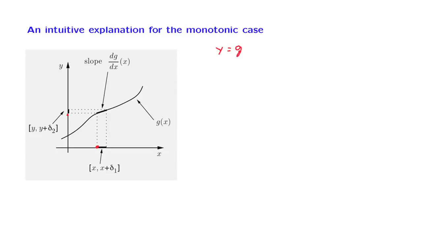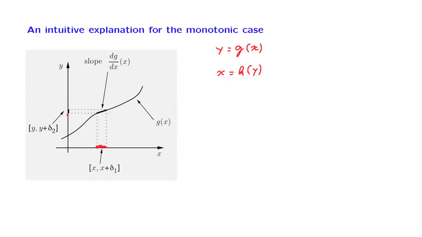Y is equal to g of little x. Or we could argue in terms of the inverse function so that x is equal to h of y. Recall that h is the inverse function that, given a value of y, tells us which one is the corresponding value of x. Now let us consider a small interval in the vicinity of this little x.